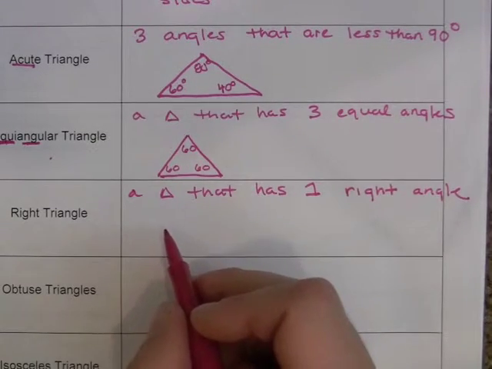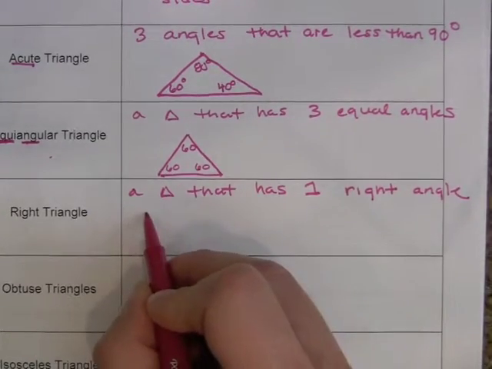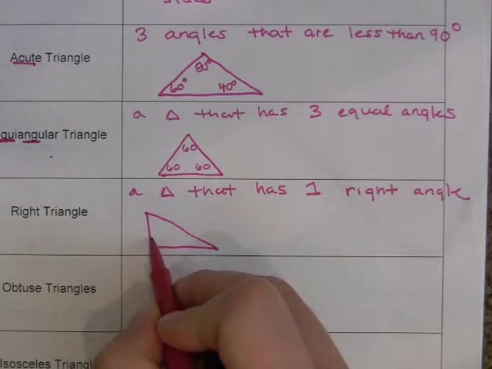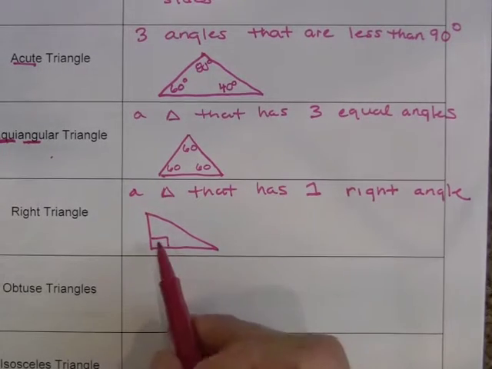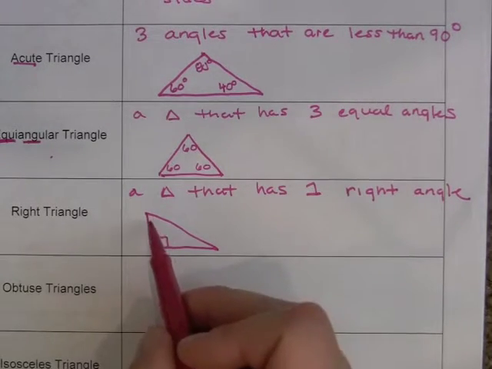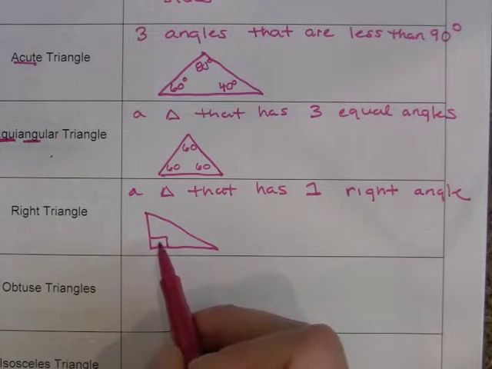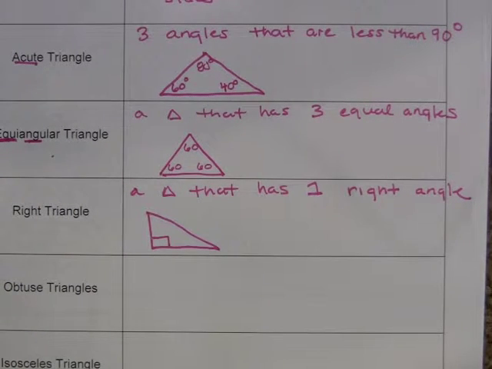So it's a right triangle that has one right angle. So if we draw a right triangle here, we know that it has one right angle. The other angles don't matter what they measure, okay? But you know you have a right angle there, it's a right triangle.